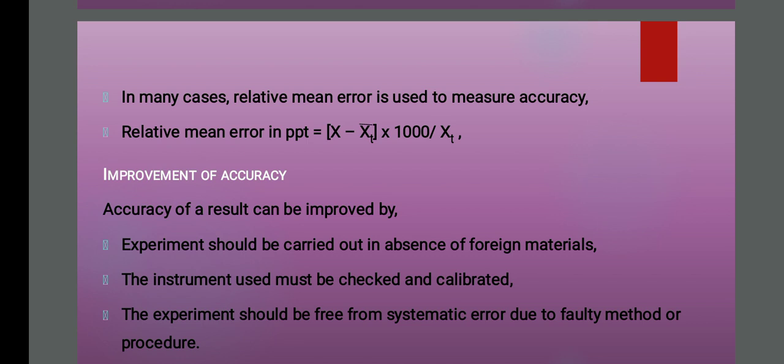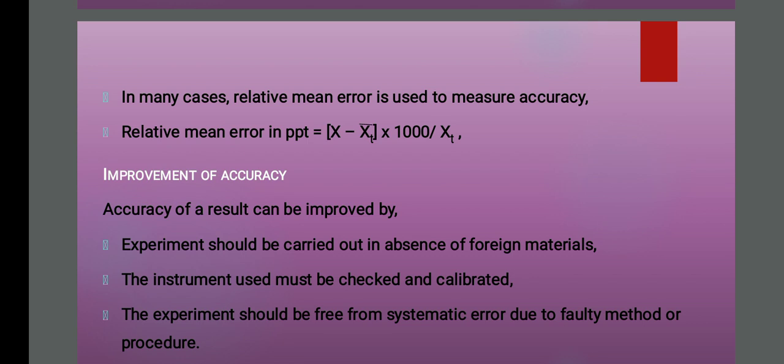It is expressed in terms of PPT. In most of the cases, you are using only relative mean error. So x bar minus xt divided by xt into 1000 is called the relative mean error. It is expressed only in parts per 1000, PPT.